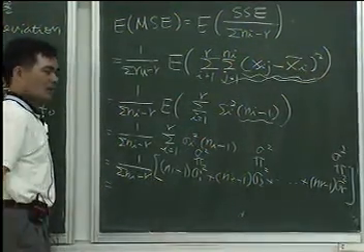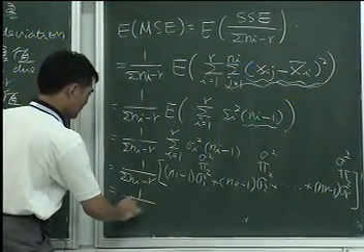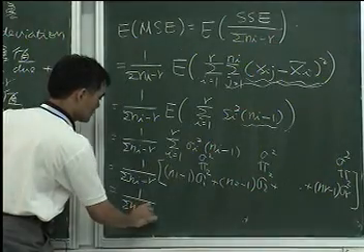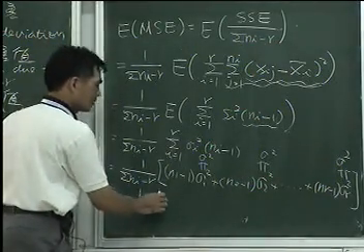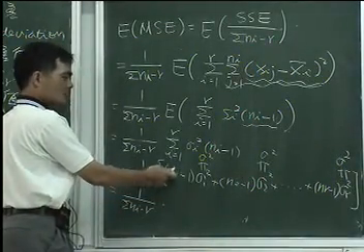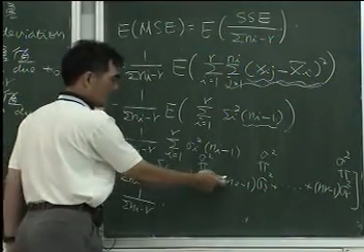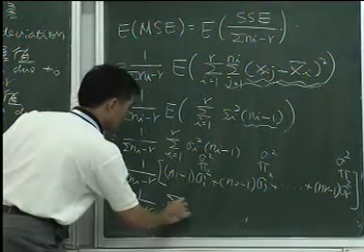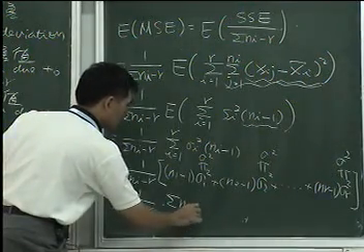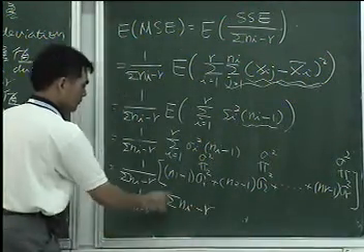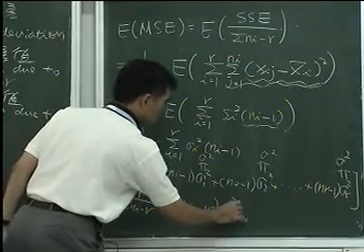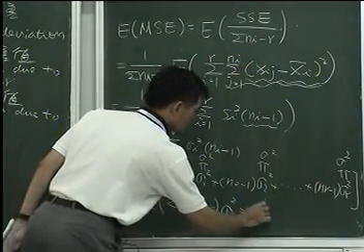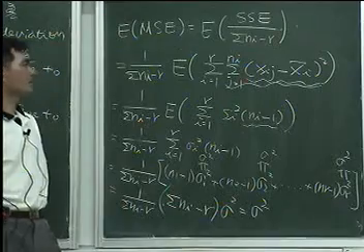How many do we have? We have 1 over summation ni minus r times, because this is from n1, n2 to nr, right? So you have summation ni minus r times sigma square, and that is equal to sigma square.